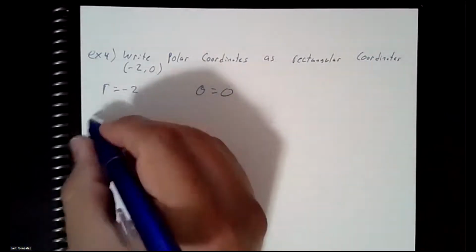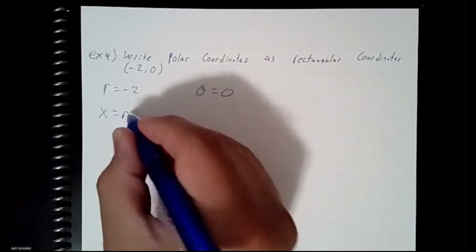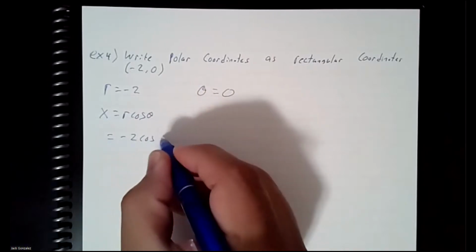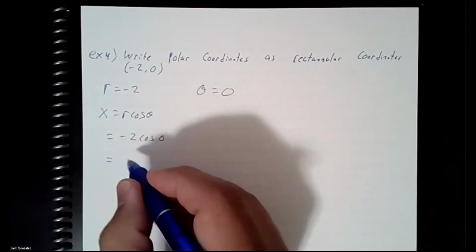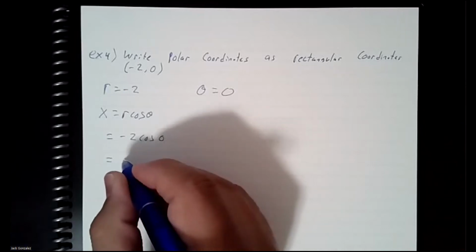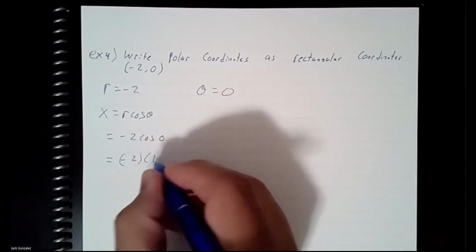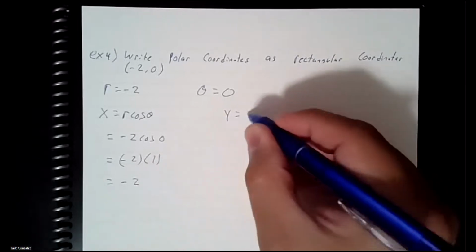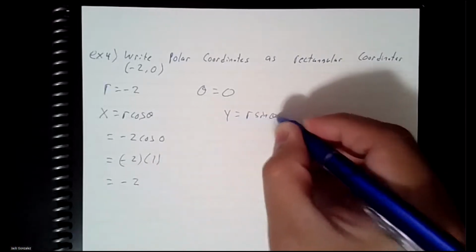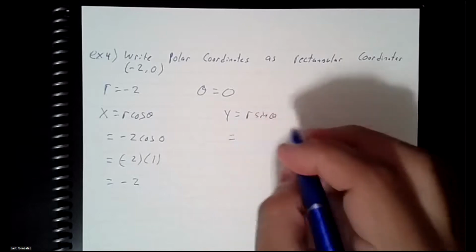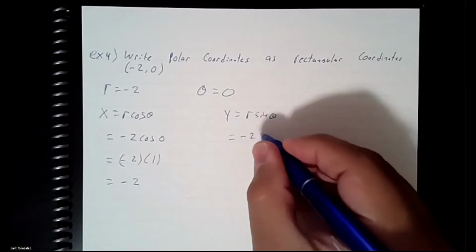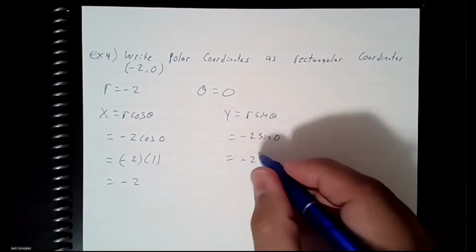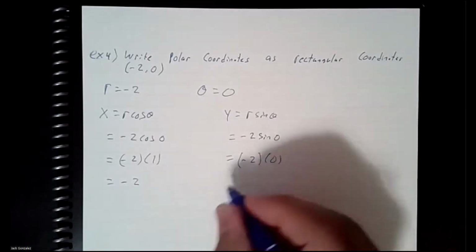So again, to get x, we got to use x equal to r cosine theta, which would be -2 cosine 0, which would be -2 times 1. Y is equal to r sine theta, which is equal to -2 sine of 0, which is -2 times 0.